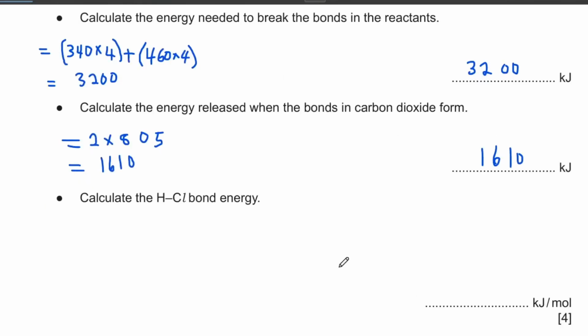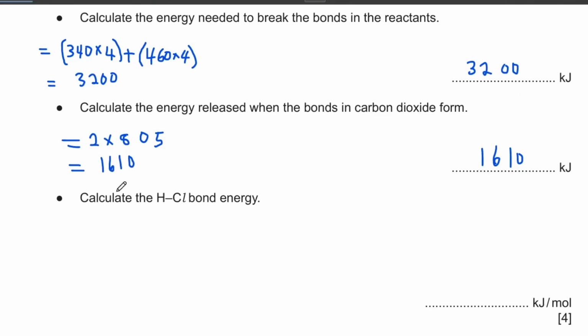Next, calculate the hydrogen chlorine bond energy. Now, since we know the energy needed to break the bonds in the reactant, and we know that of carbon dioxide, we already know that our enthalpy change is the energy of the reactant minus the energy of the product.